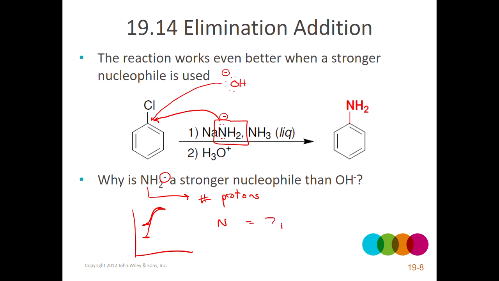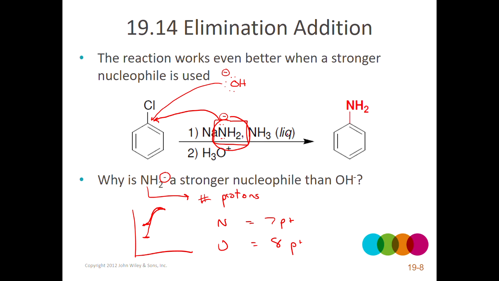Nitrogen has 7 protons, oxygen has 8 protons. So the extra proton just helps to pull those extra electrons in and stabilize a negative better than on a nitrogen. And we can also look up the pKa values of their conjugate acids to show that the NH2 minus is much less stable and much more reactive. And so it helps to get the process started kinetically since it's starting higher in energy.